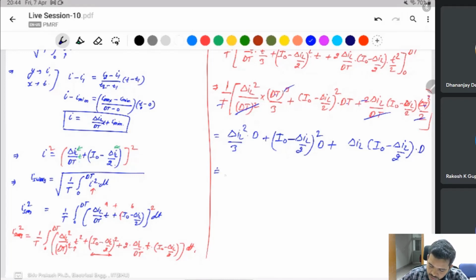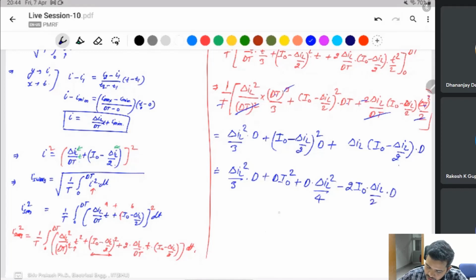Next one, this one also. d into I naught square plus d into delta IL square divided by 4, minus 2 I naught into delta IL by 2 into d.